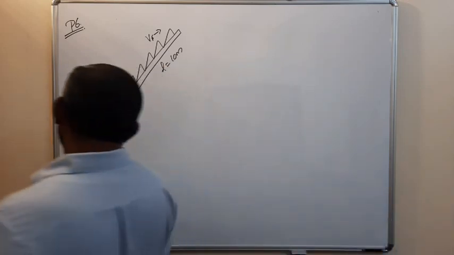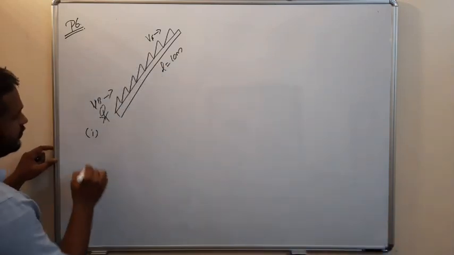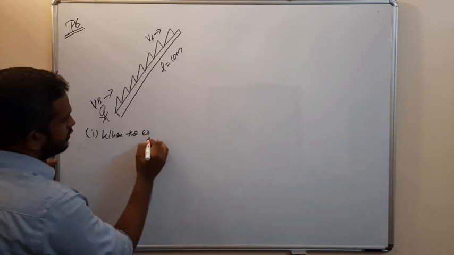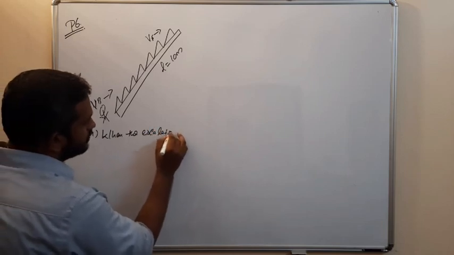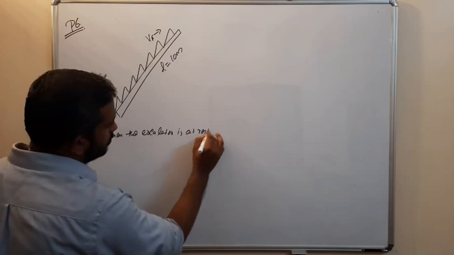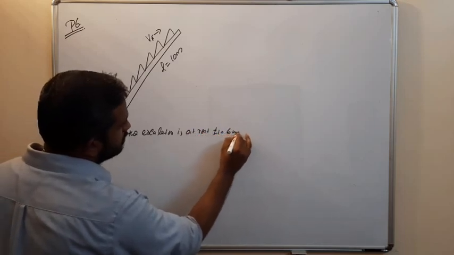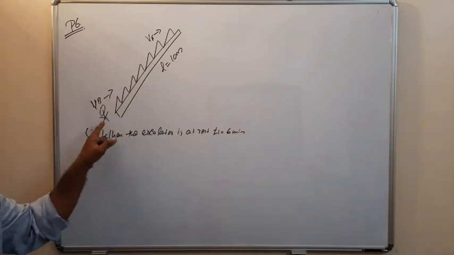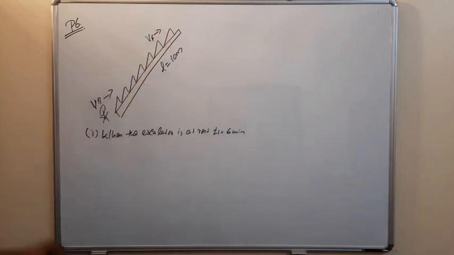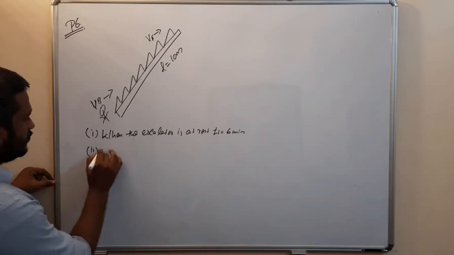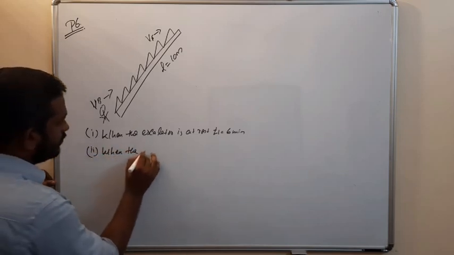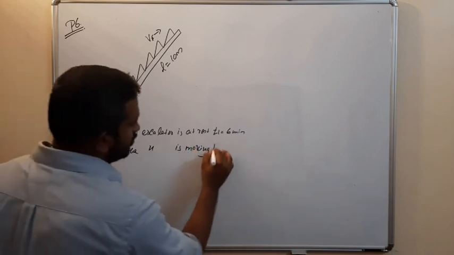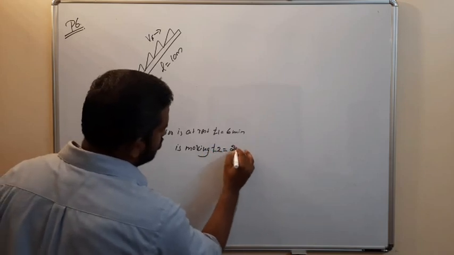Number one, when the escalator is at rest, T1 is equal to 6 minutes. That is, when the escalator is at rest, the time taken by the boy to reach the top is 6 minutes. Two, when the escalator is moving, T2 is equal to 2 minutes.